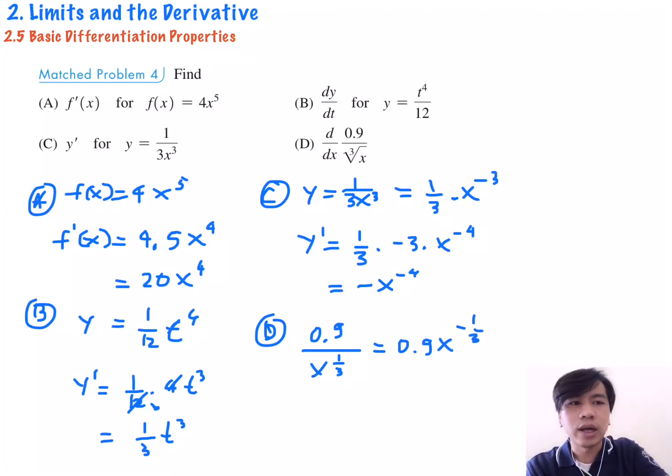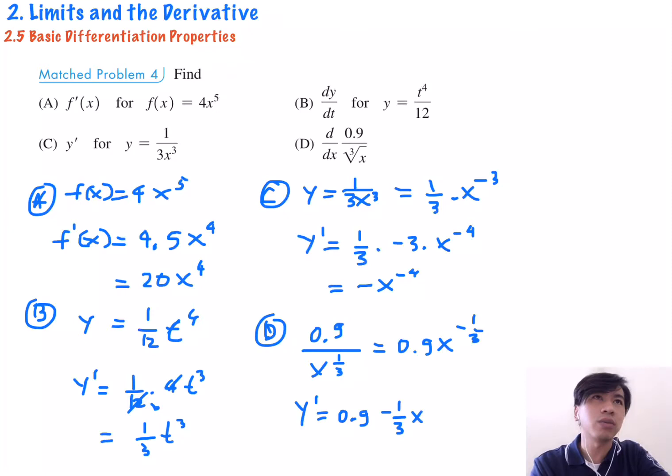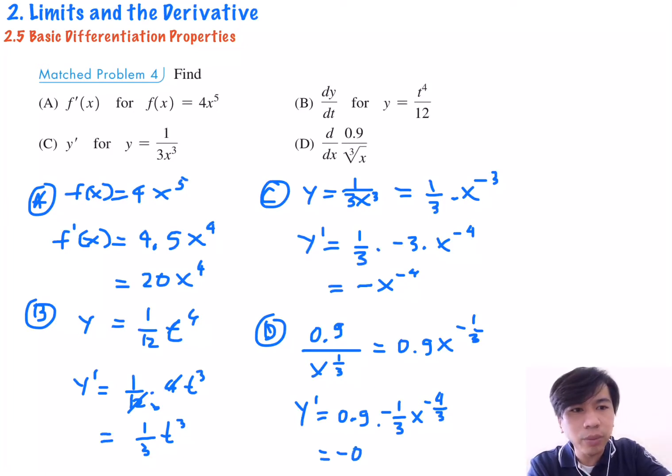Okay, so we can get y prime by having 0.9, this is still the same, and then we times it with negative 1 over 3 x to the power of negative 1 over 3 minus negative 1, so negative 4 over 3, and then we'll get that this is negative 0.3 x to the power of negative 4 over 3.